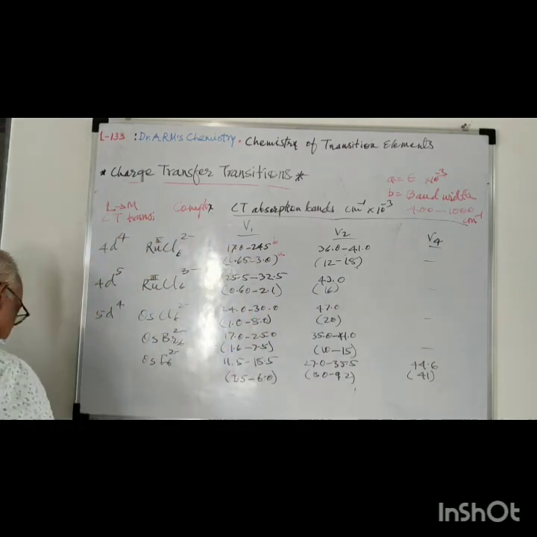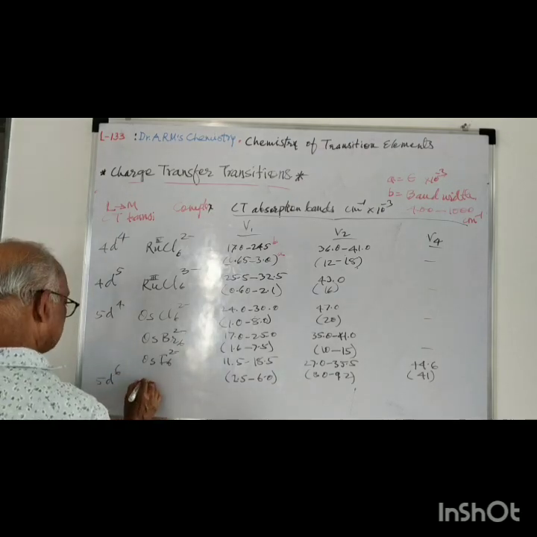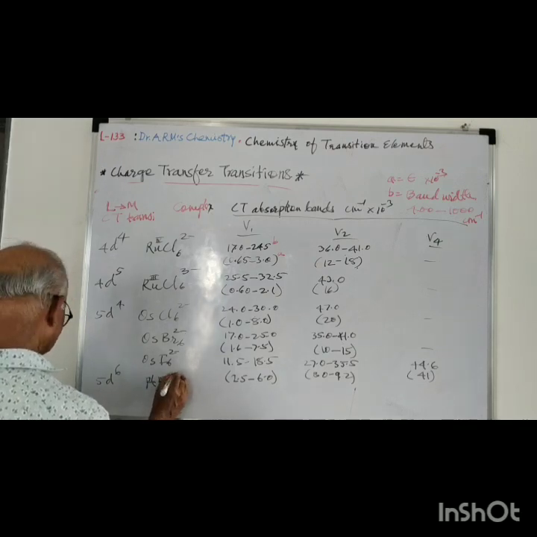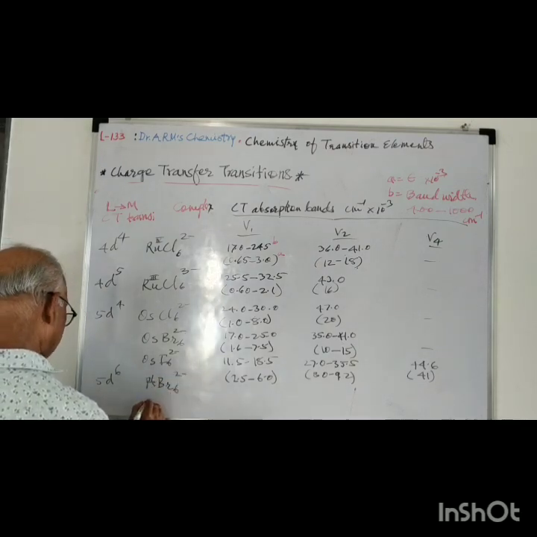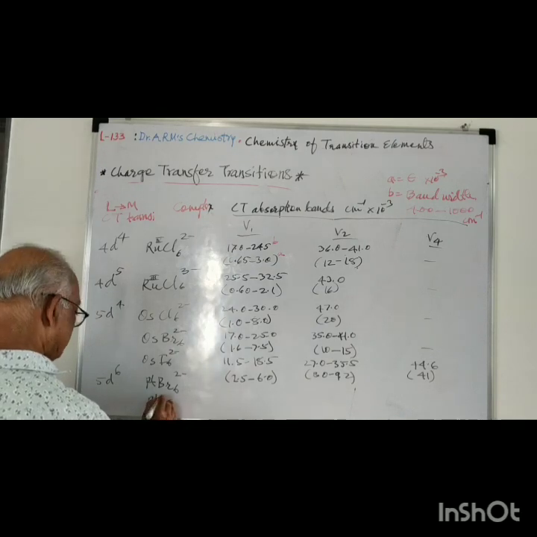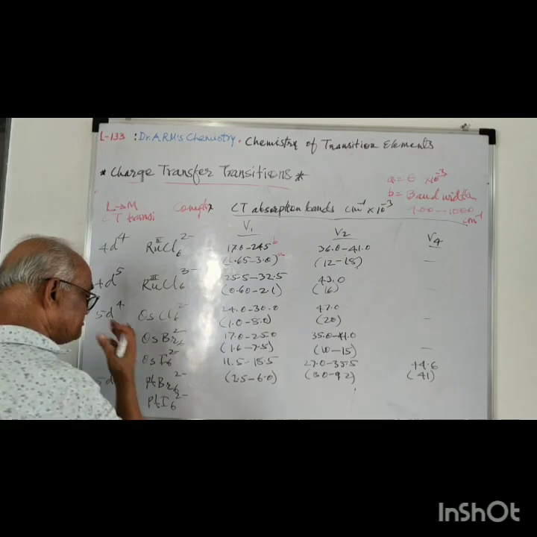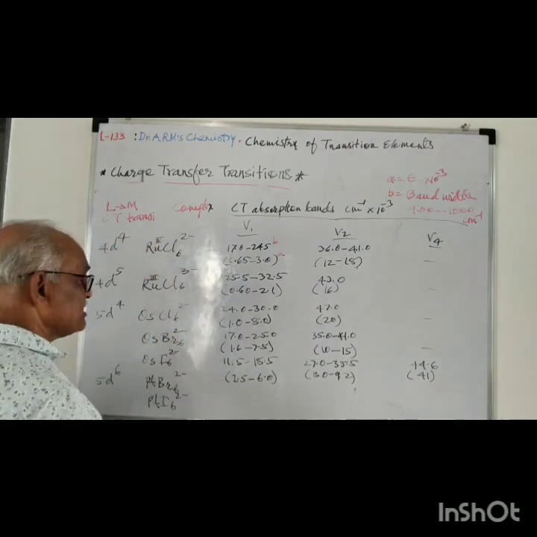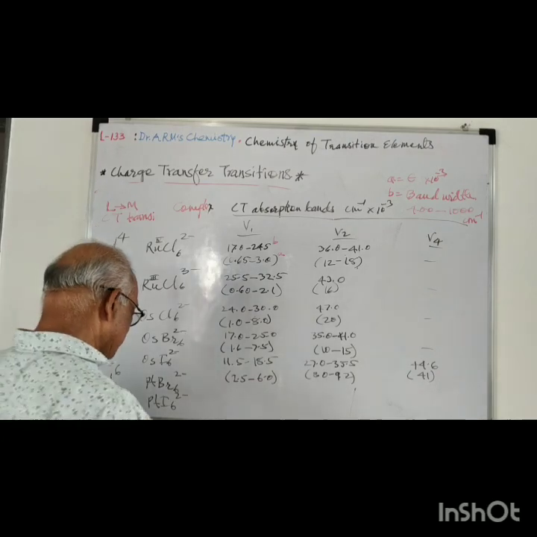Then the last examples of this are 5d6. So we are having two examples of platinum, PtBr6 2- and PtI6 2-. So here platinum is in the same oxidation state, but the ligands are varying.